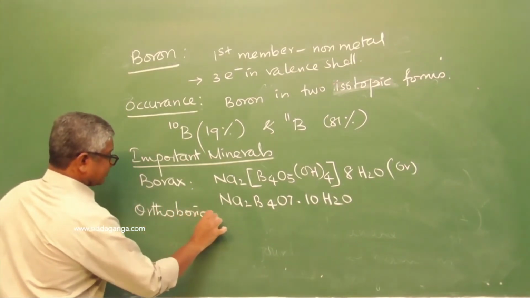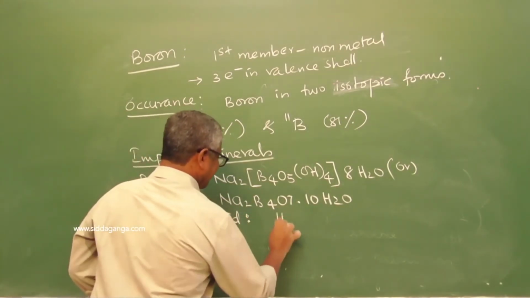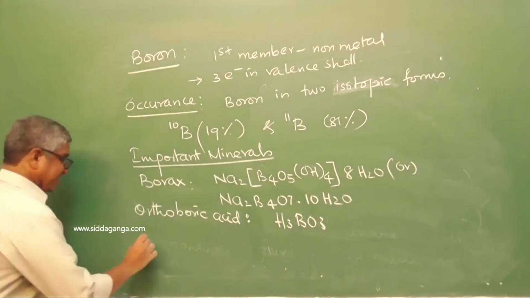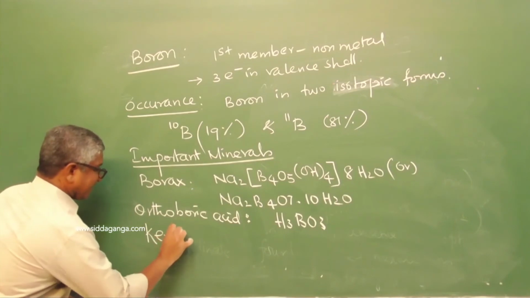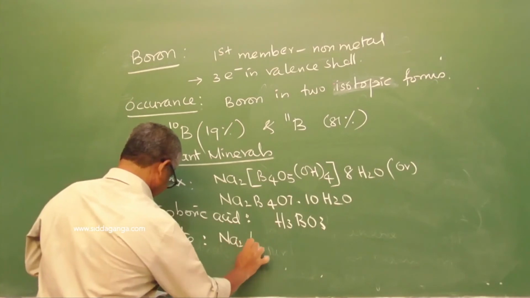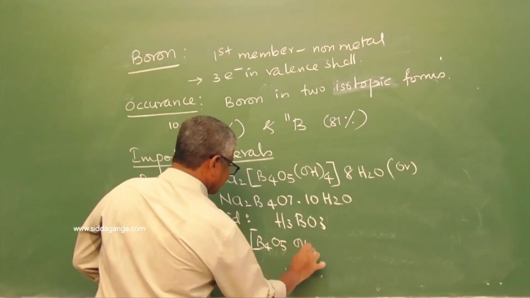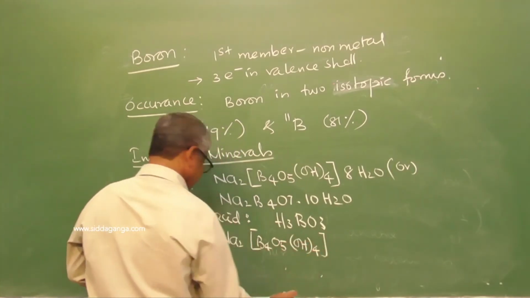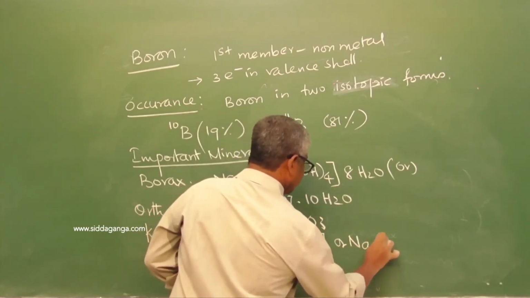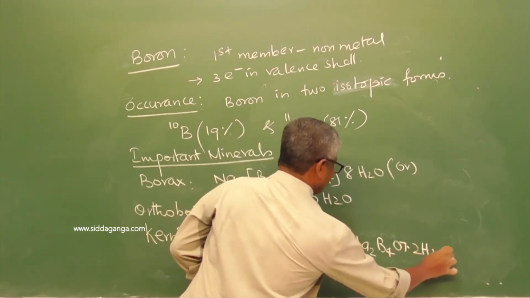Next, orthoboric acid, H3BO3. Next, kernite: Na2B4O5(OH)4 or Na2B4O7 with 2H2O.